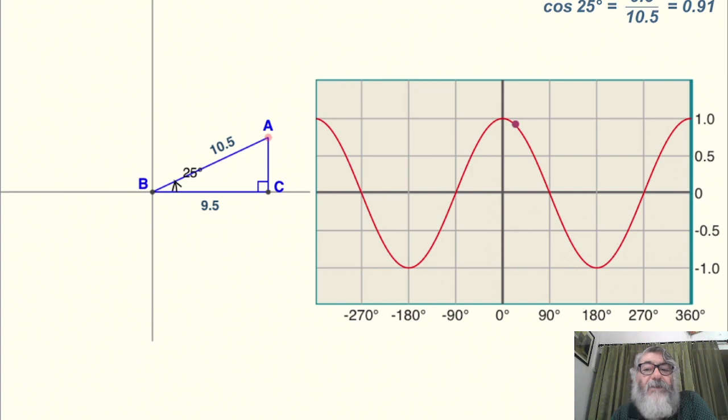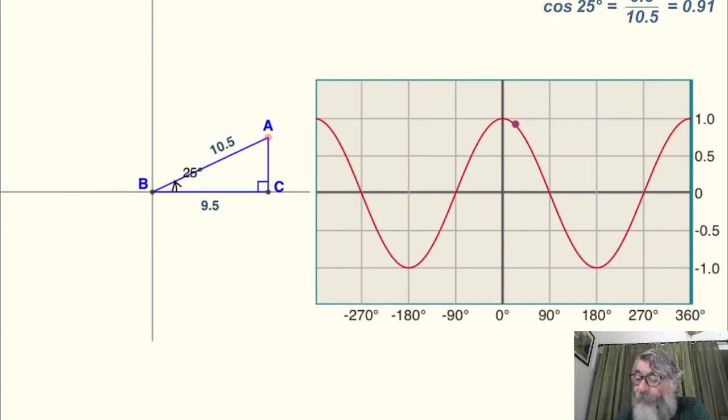Maximum position was y equal to 1. Y is equal to cos 0, and cos 0 was 1. So we are talking of cos. Let's not confuse it with sine.